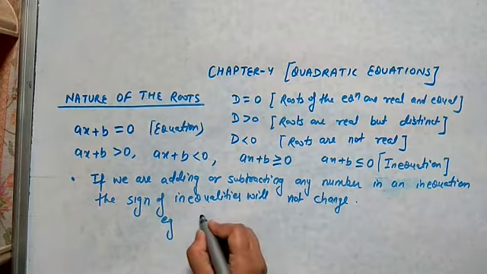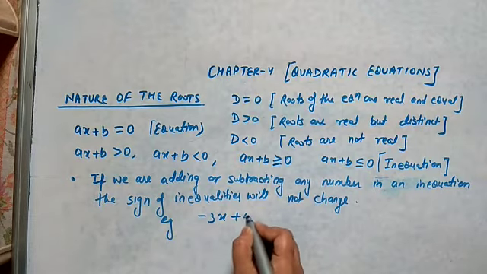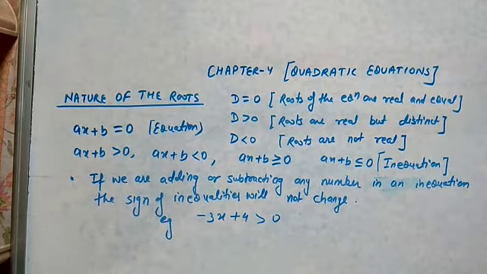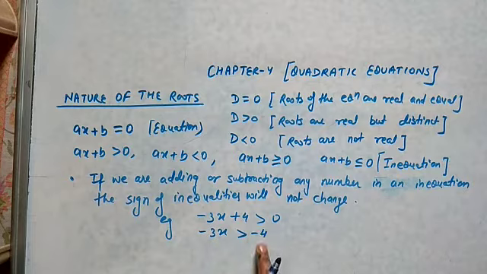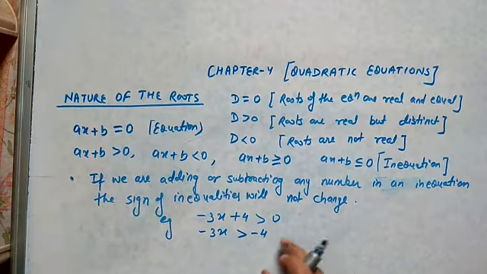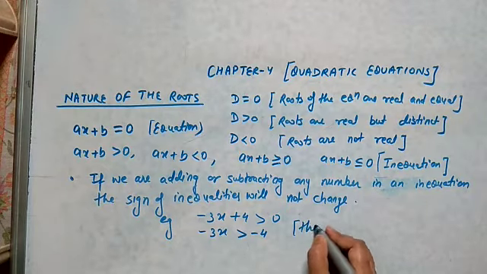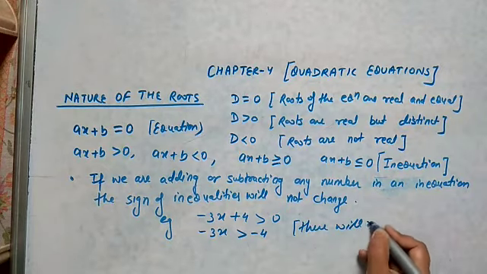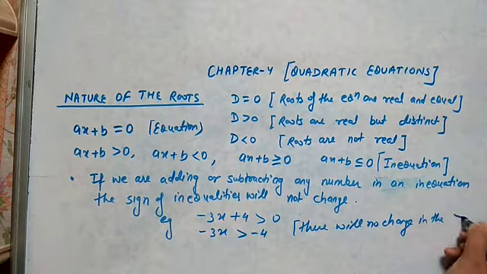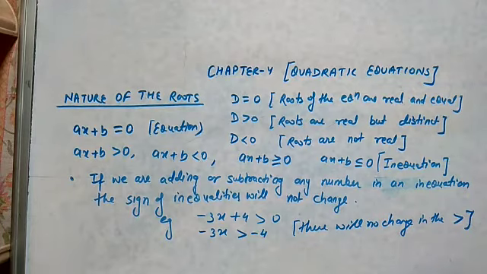Example, suppose I have 3x plus 4 greater than 0. Now if I want to solve this, 3x is greater than minus 4. Since 4 is going to this side, it will be minus 4. So when we are adding this 0 with minus 4, there will be no change in the sign, that greater than sign.